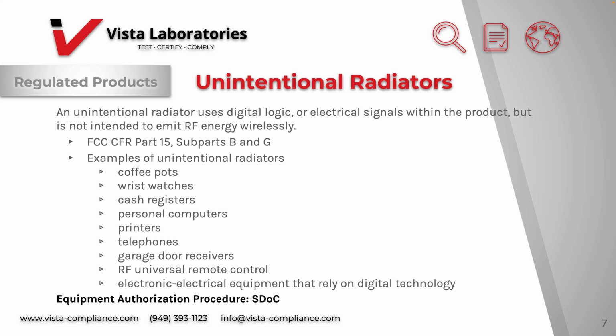This also includes many traditional products that were once classified as incidental radiators, like motors and basic electrical power tools that now use digital logic. Supplier's declaration of conformity is required for unintentional radiators, although products that contain only digital logic may also be specifically exempt from an equipment authorization under certain situations.